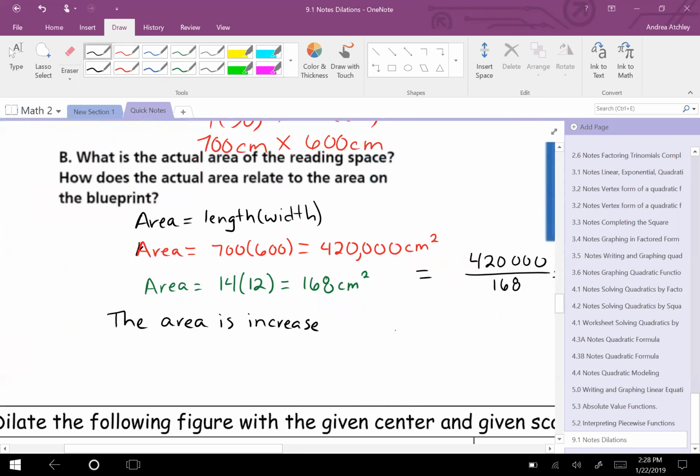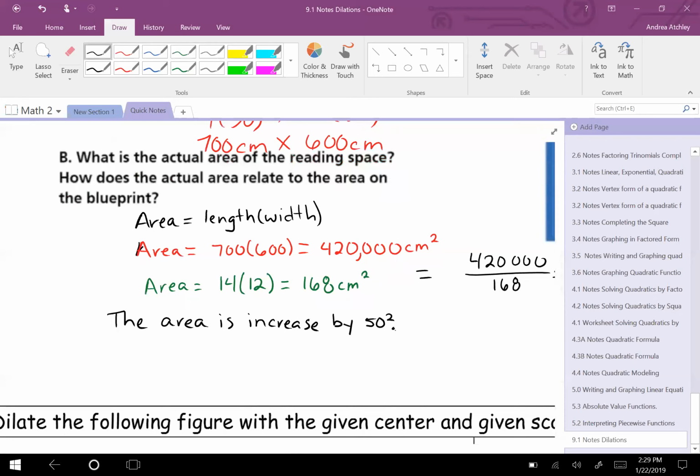So the area is increased by 50 squared. And that's how all areas will be when you're dealing with scale factors.